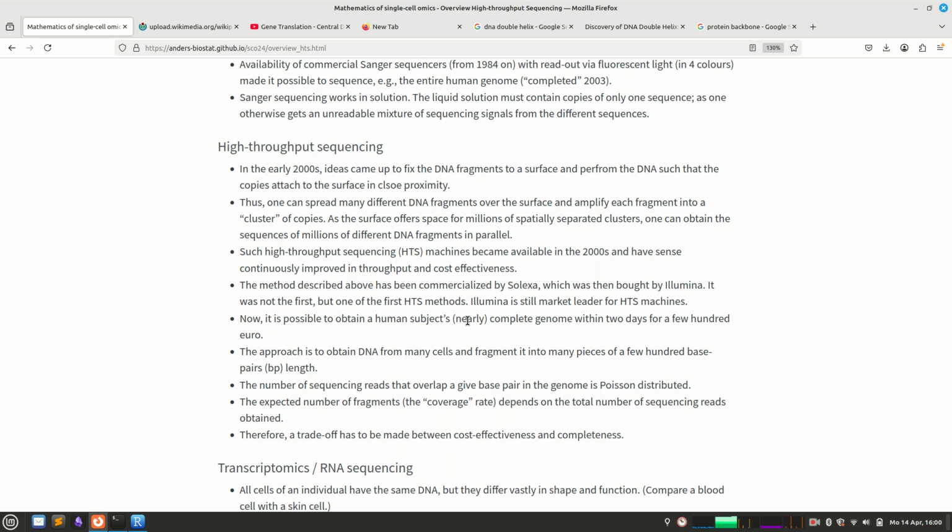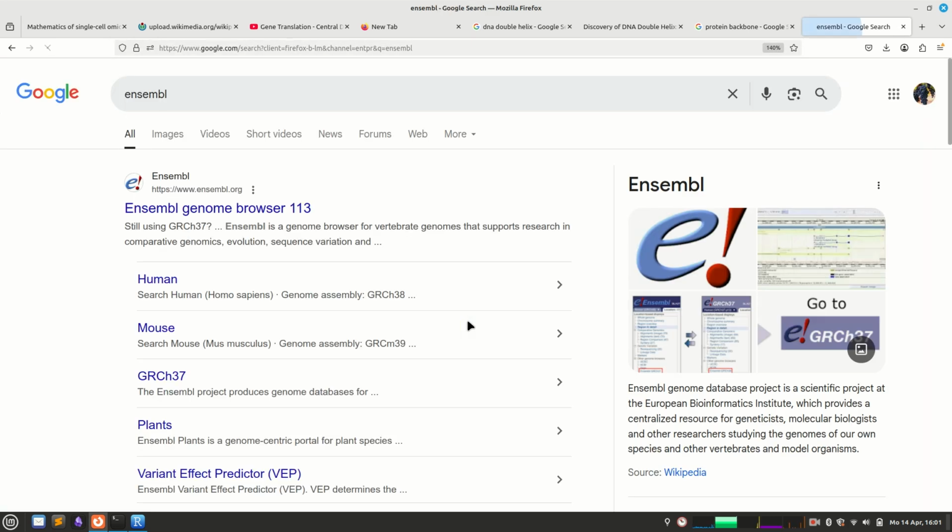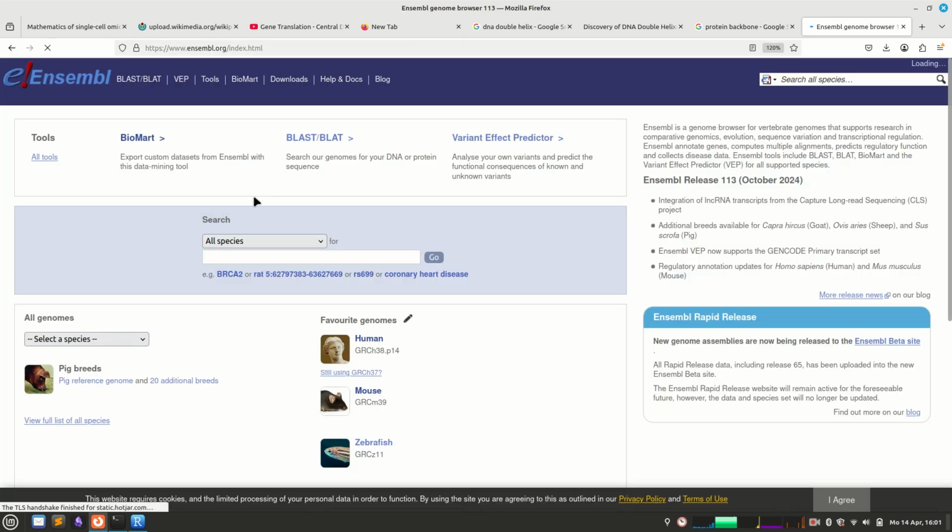So I take all the reads that I read and try to find where they come in the genome and which gene is there. Maybe I show you quickly how this works. This is one of the workhorses, the Ensembl Genome Browser.